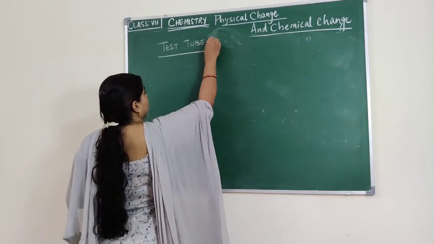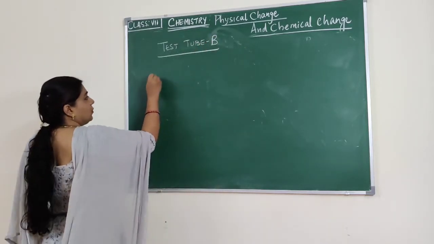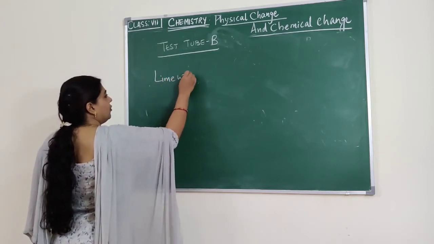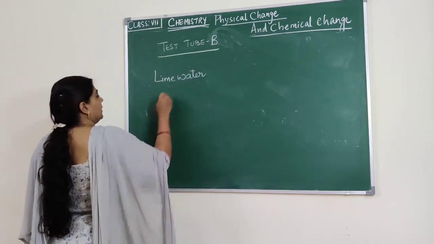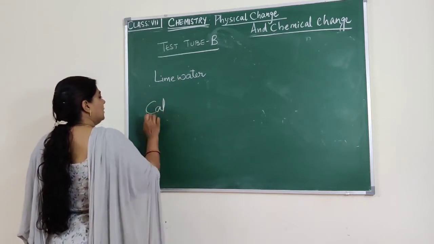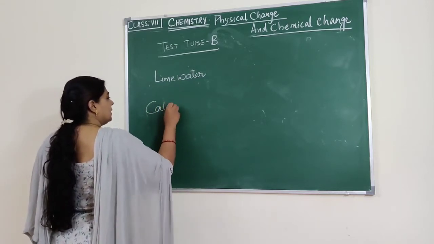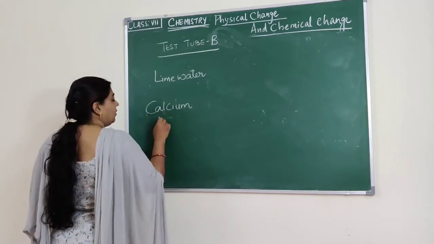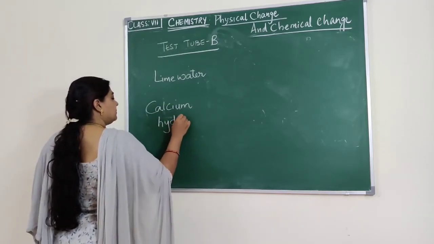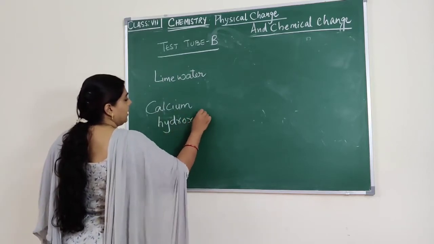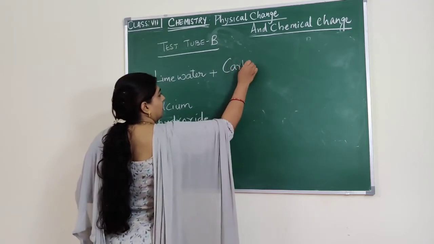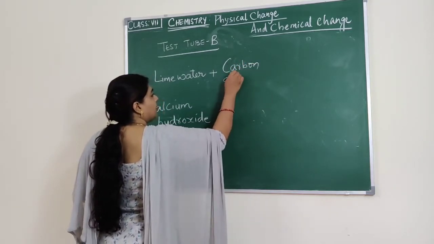So let us see what happens in test tube B. Test tube B contains what? Lime water. What is the other name for lime water? It is calcium hydroxide. So the carbon dioxide reached the lime water. So what happened here?